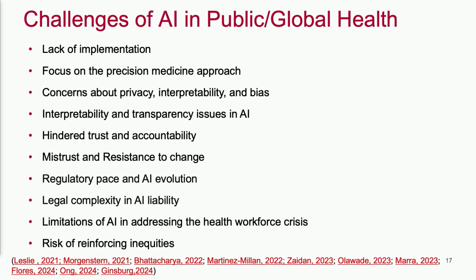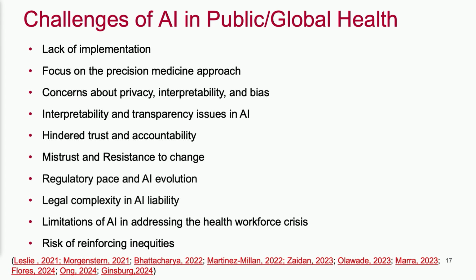There is a regulatory pace issue. AI is going very fast, and the regulation is going quite slow. And it's currently difficult to implement AI in public health at a populational level when you don't have the entire regulation ready to frame it.